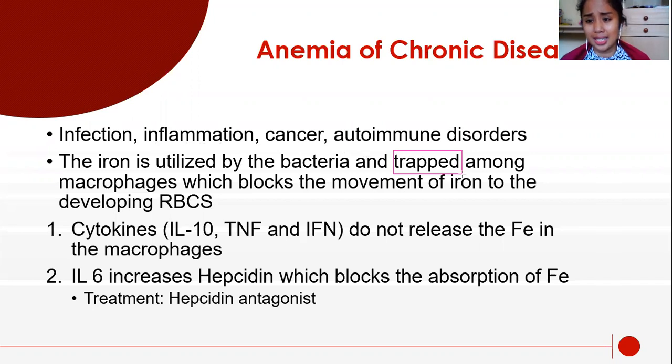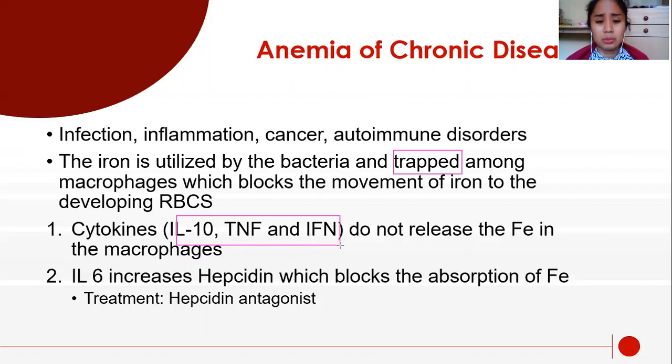It is not released. For example, there is red blood cell breakdown and the iron comes out. The macrophages tend to engulf the iron for recycling. However, they don't want to release it. Why? Examples of cytokines, class, are IL-1, tumor necrosis factor, and interferon, which do not release the iron from the macrophages.